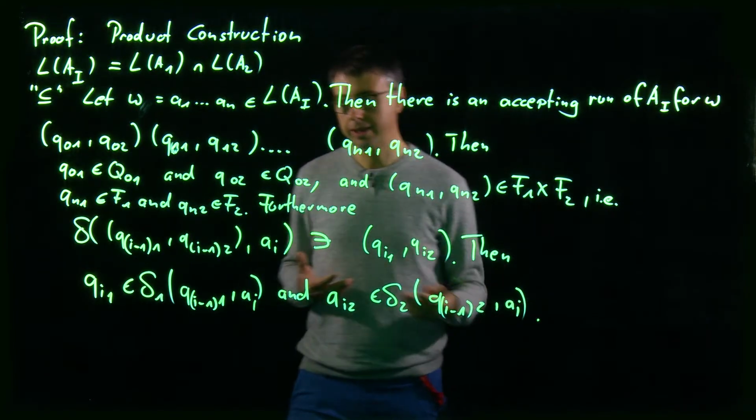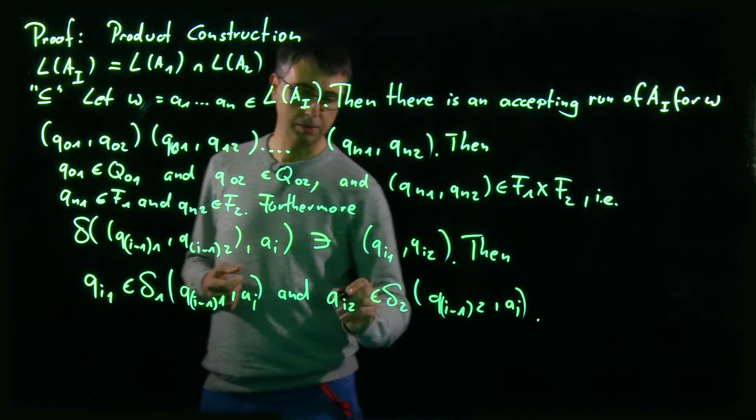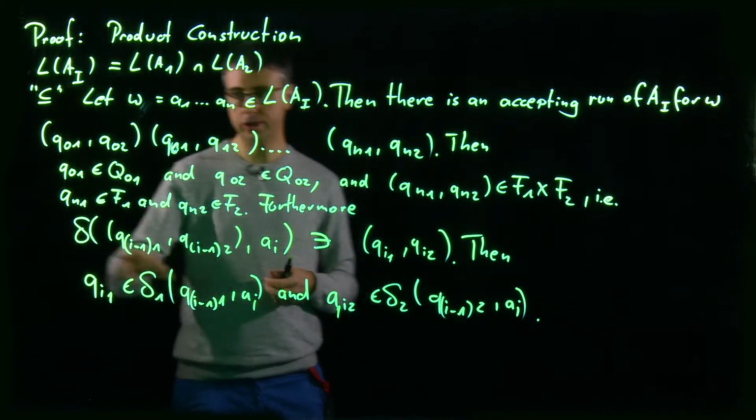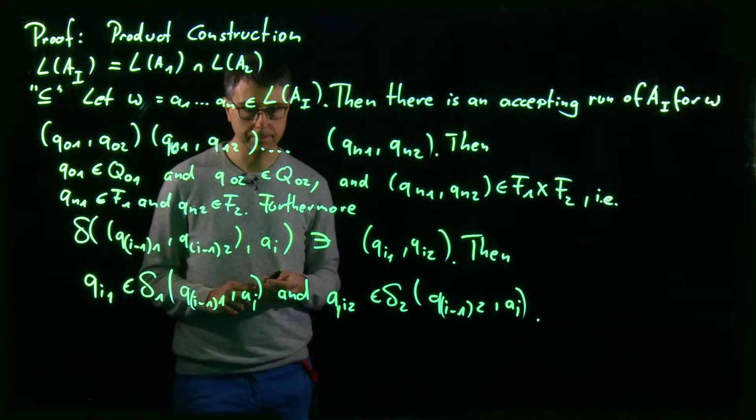So we know that there was a transition in the first and in the second automaton that actually created this transition here in the product automaton.